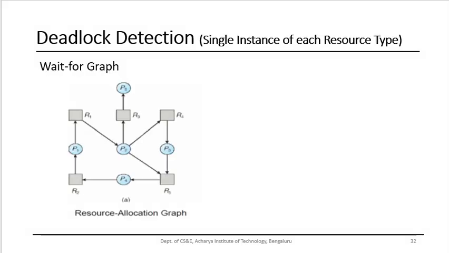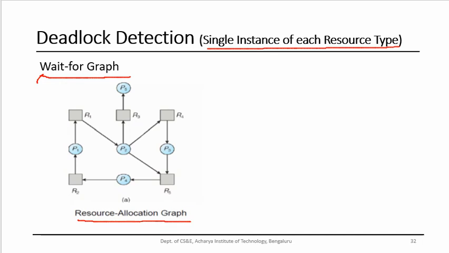Okay, the first method used to detect the deadlock in a system is with the help of a data structure called wait for graph. So here we are making an assumption that a single instance of each resource type is found in the system. Okay, that's the assumption. Now this wait for graph is a variant of the resource allocation graph that we had already discussed.